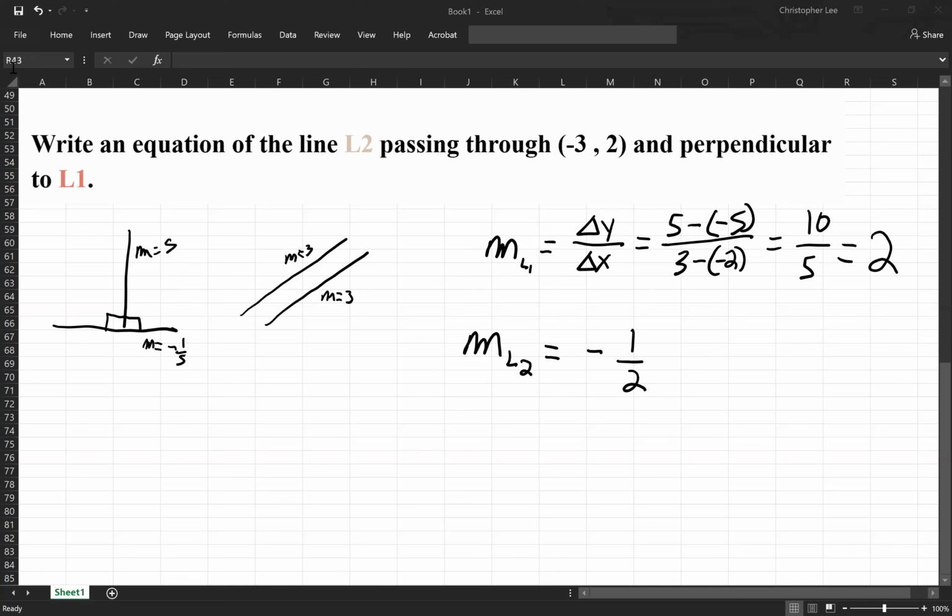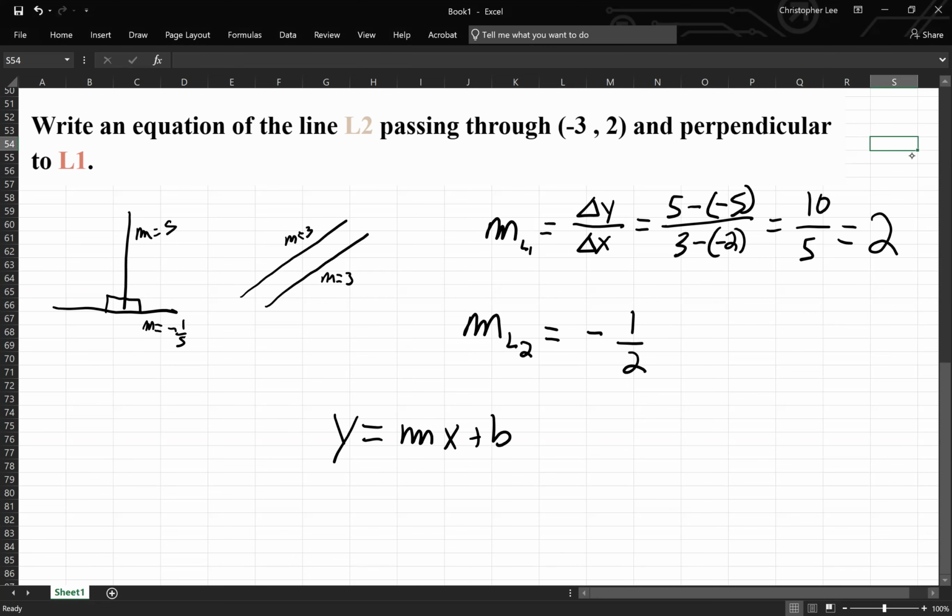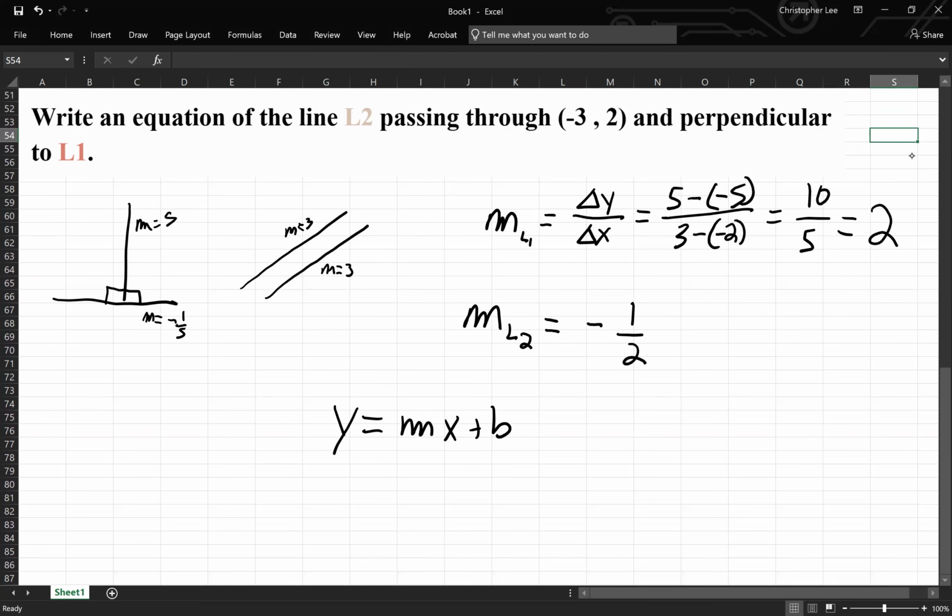Anyway, now let's go through our equation of a line. We have y is equal to mx plus b. Now, this particular line is actually L2, the line we're looking for. I'm going to plug in the slope that I found for L2, which is negative half, into this equation.